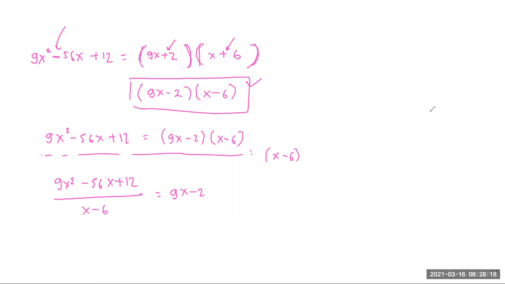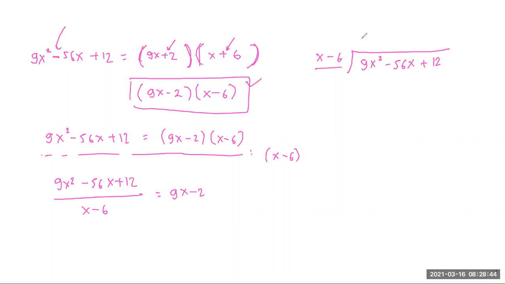Okay, so let's just prove it. Let's use long division to show it: 9x squared minus 56x plus 12 divided by x minus 6. How do you do that? Start with the highest degree first.